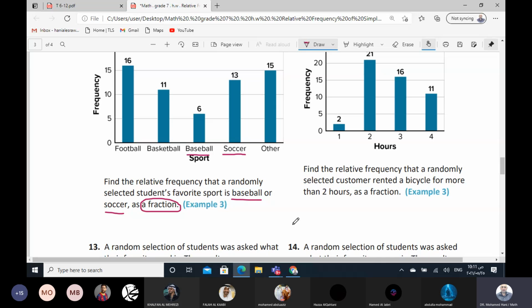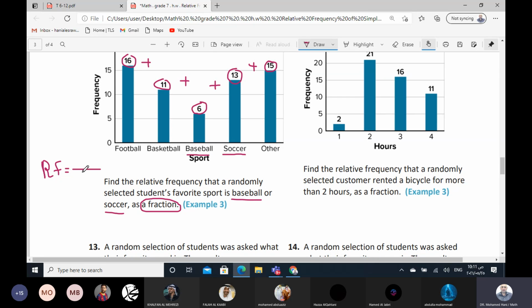Okay, no problem. Okay, check with me. First find the total. We have 16 plus 11 plus 6 plus 13 plus 15.